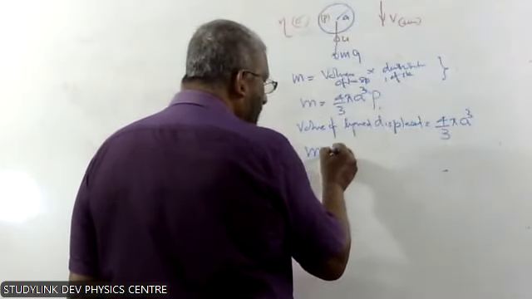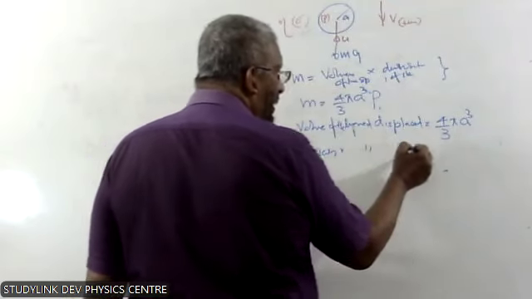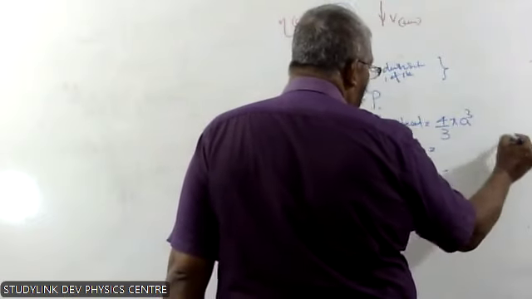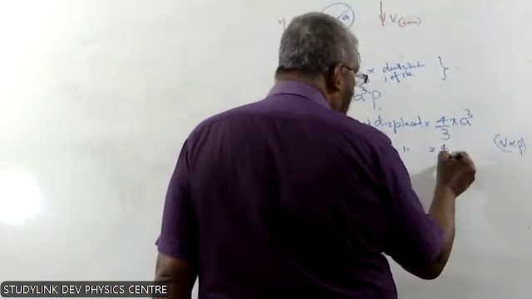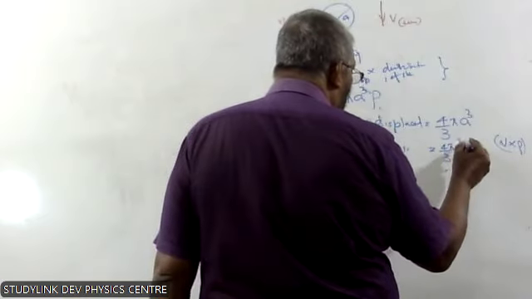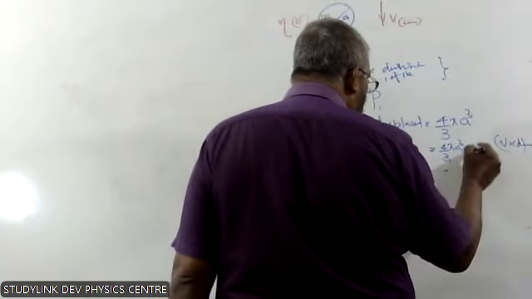Then mass of the liquid displaced is volume into density, so that means 4 by 3 pi a cube into density of the liquid, that means sigma.